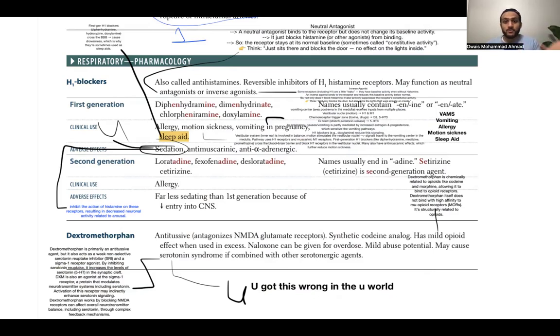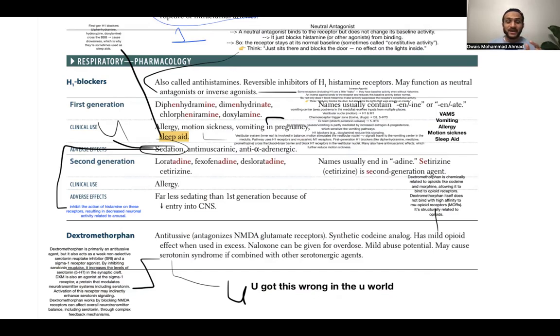The vomiting zones, such as the area postrema in the medulla and the vestibular nuclei, have H1 and M1 receptors, your chemoreceptor trigger zones, and you're blocking those. Motion sickness involves the vestibular system in the inner ear, which stimulates the vestibular nuclei, and signals travel to the vomiting center in the medulla. The drugs block the H1 and muscarinic 1 receptors.